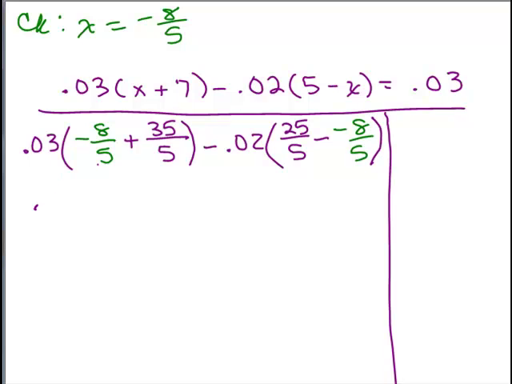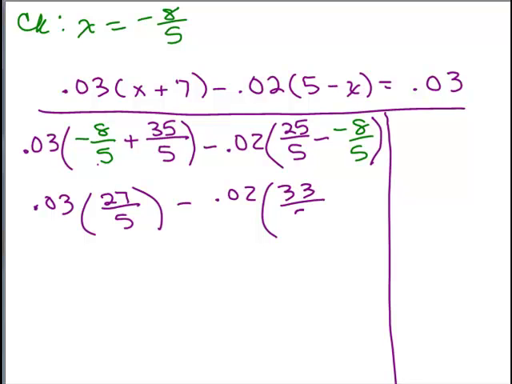Okay, so we're going to simplify inside parentheses first. So I have negative 8 plus 35. That's 27 fifths minus, and over here we've got 0.02. I've got 25 minus a negative 8. That's 25 plus 8, 33 fifths. Now you can leave these decimals 0.03 and 0.02 as they are, or you could also write those as fractions.